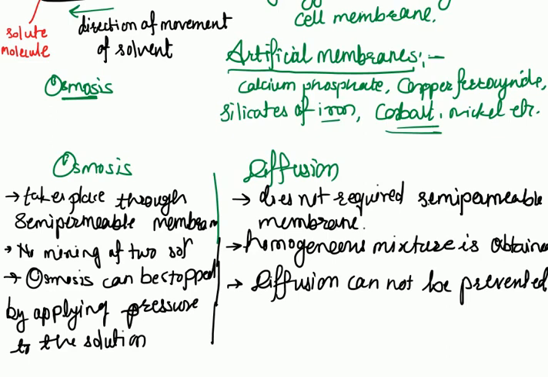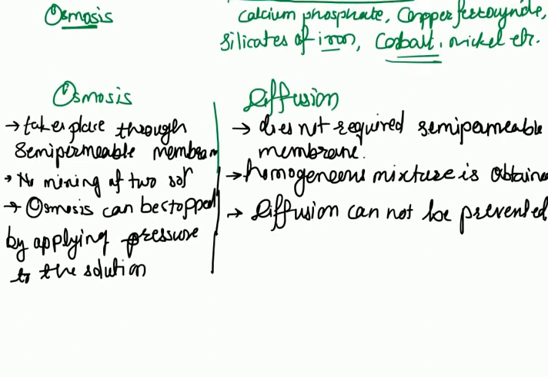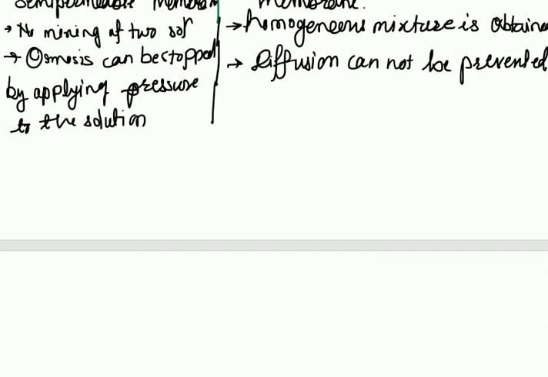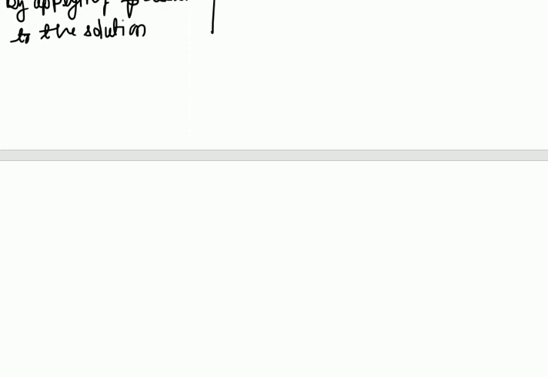Now see the osmotic pressure. During the movement of the solvent molecules from the low concentrated solution to the high concentrated solution, or from the solvent compartment to the solution compartment, a hydrostatic pressure is created, and this pressure is called the osmotic pressure.